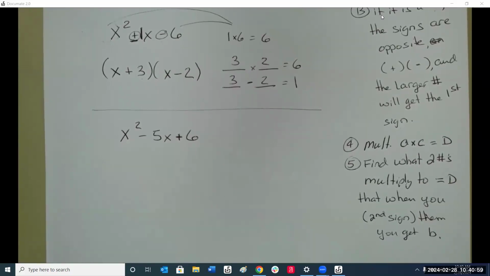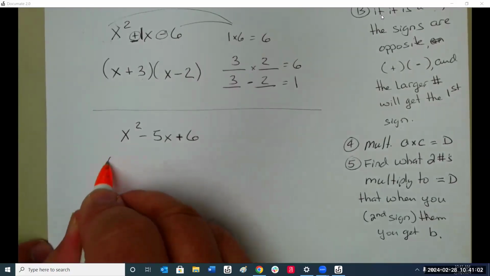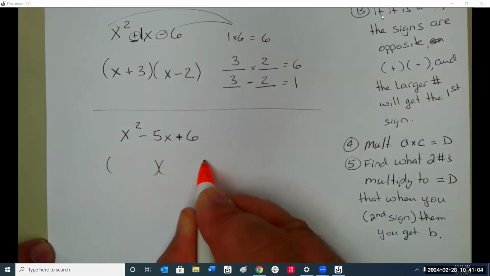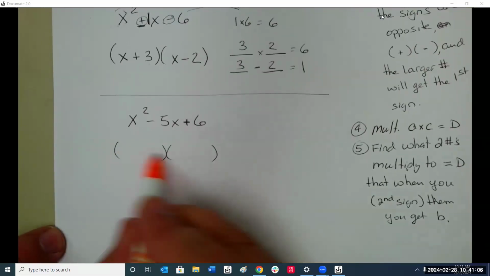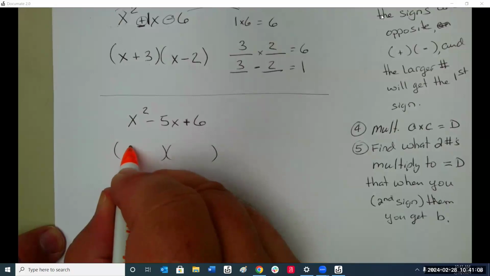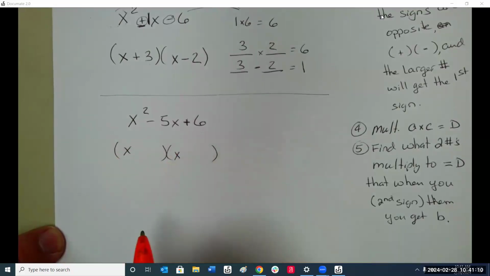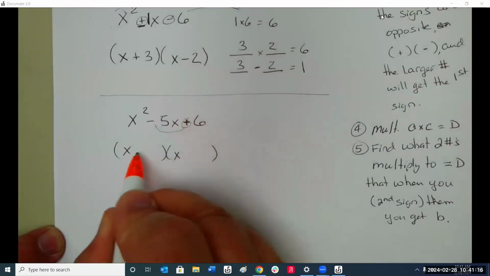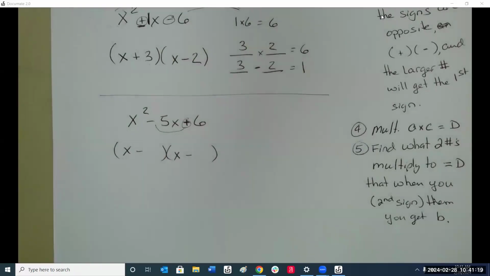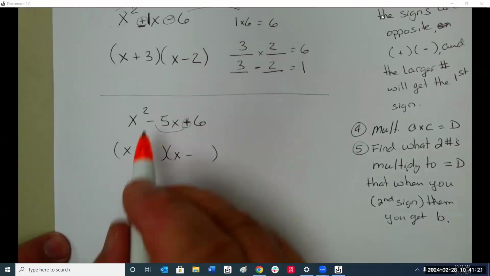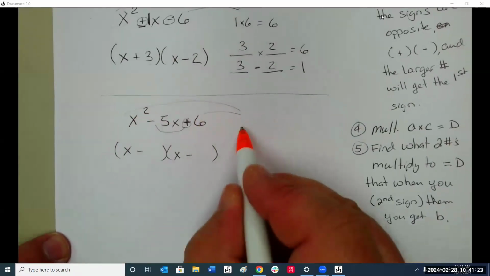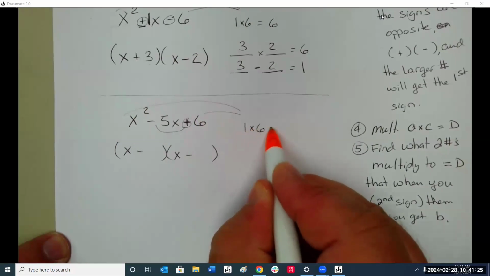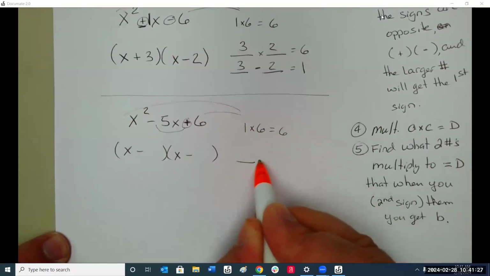And the last one, finish that one. The same steps. What goes first? X and X. What signs go in there? Yes, both signs are the same. They're both negative. One times 6 is 6.